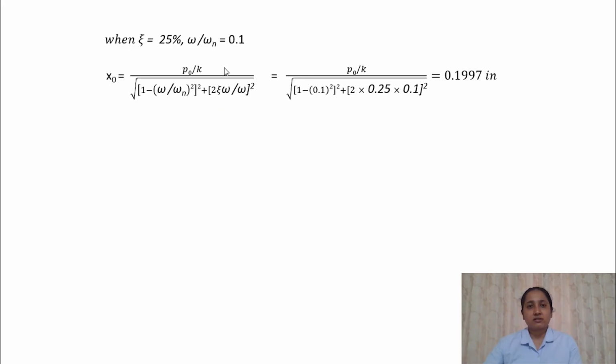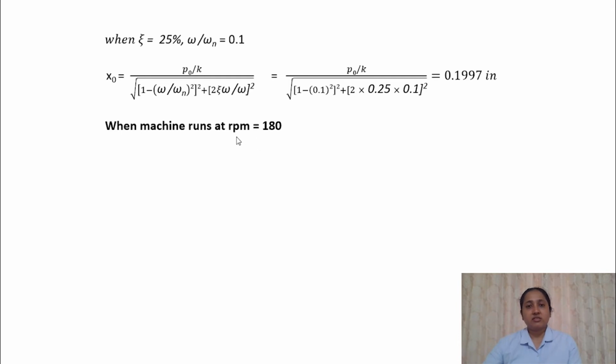We can just substitute the value of P naught by K, and also the frequency ratio and damping. You get the response amplitude as 0.1997 inches.